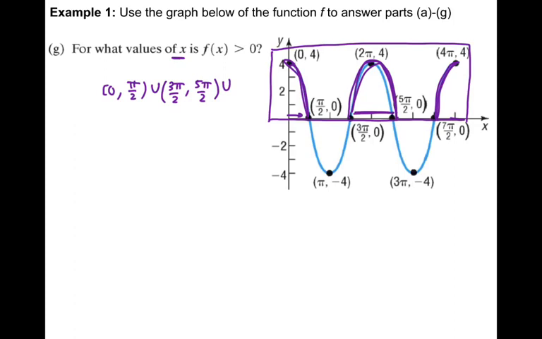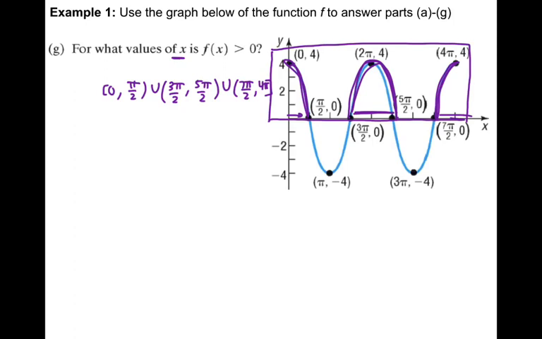And then the last interval where our function is greater than 0 starts at 7 pi over 2, which is another 0, so we don't include that, and goes to 4 pi, which is that domain restriction. And 4 pi is going to have a square bracket because we include 4 pi in that value. At 4 pi, our function is 4. It is greater than 0.